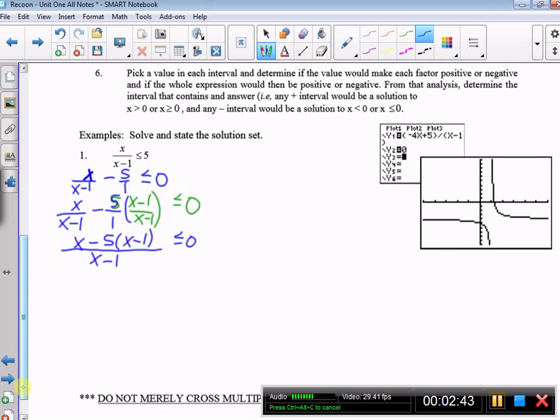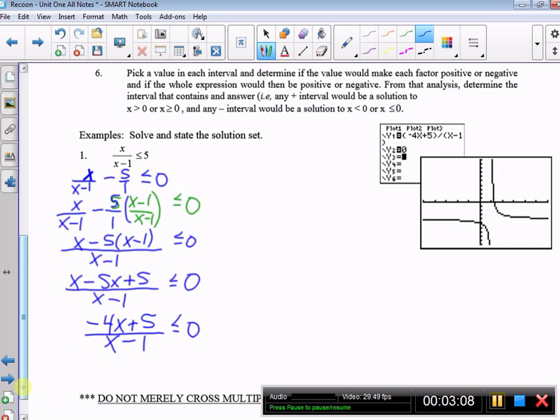Then I'm going to distribute that numerator, so it's x minus 5x plus 5. And lastly, to clean this up, it looks like negative 4x plus 5 over x minus 1.